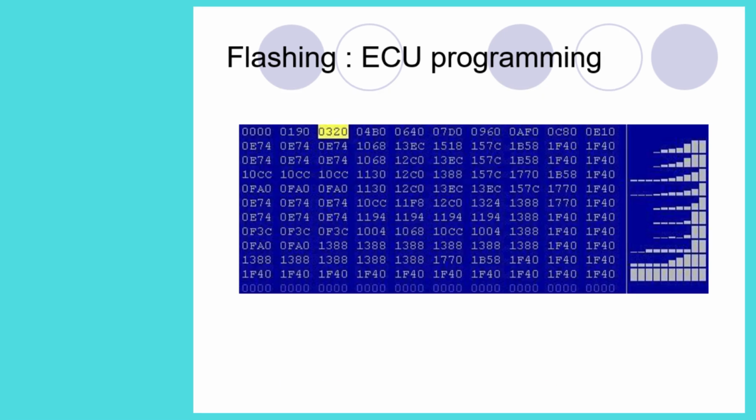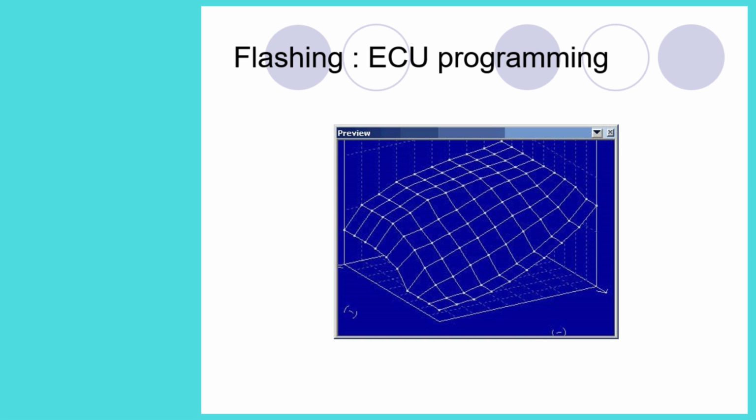Here you can see some patterns. These patterns form the ECU maps that determine how the systems perform. Drawn as a 3D graph, this is how it looks. By modifying the shape of the graph, one can change the performance of the systems.